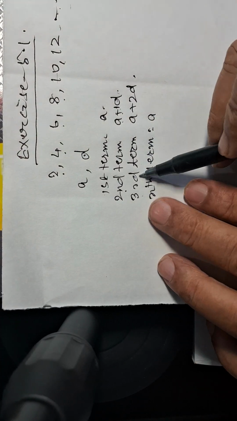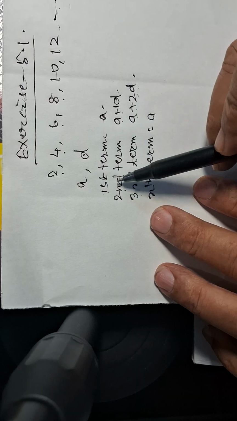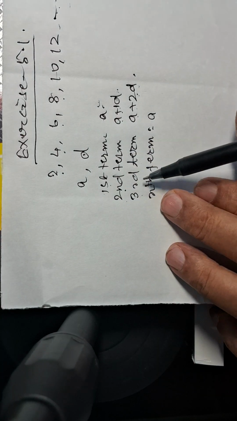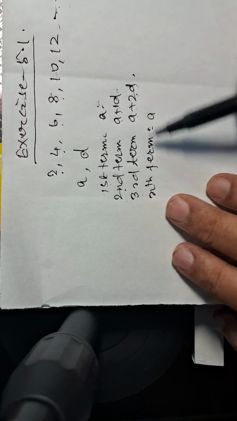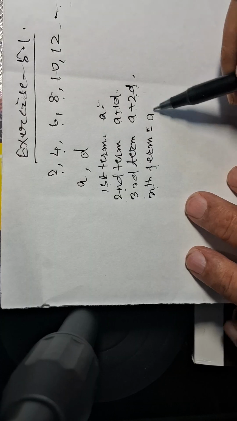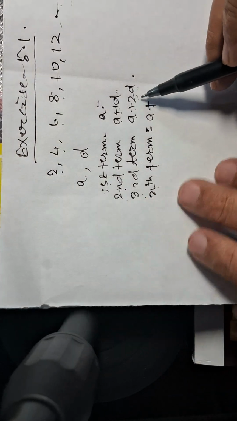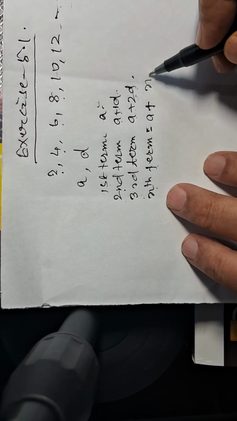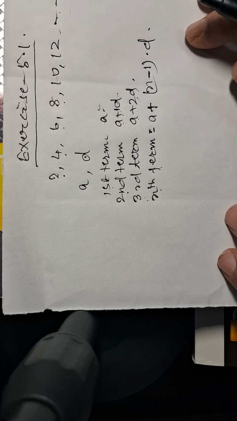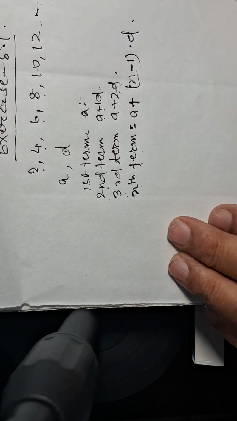Similarly, the third term is A plus 2D, not 3D, because the first term is A, and when D is added it becomes the second term, and adding 2D gives the third term. Similarly, the nth term is A, the first term, plus n minus 1 into D. This is the formula by which we can find the nth term.